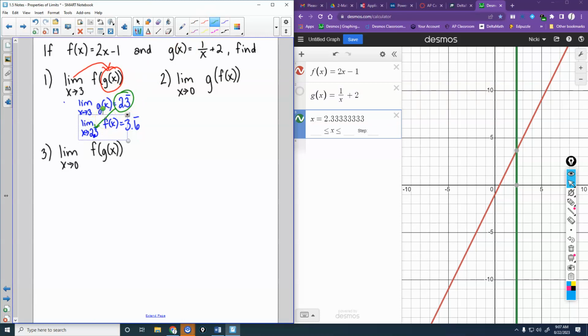Now, here's something else I need to show you, because this is weird. On some problems, it does not make a difference at all. On this problem, it would not make a difference.